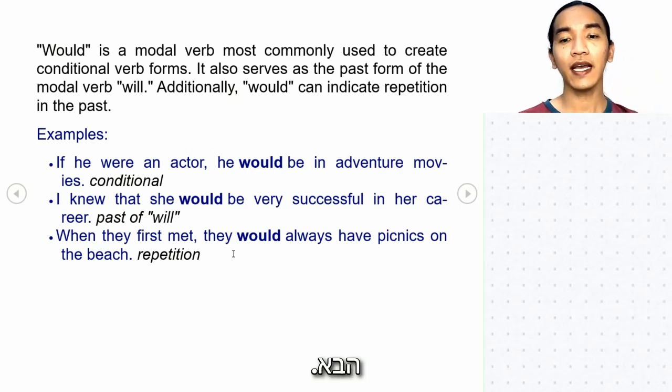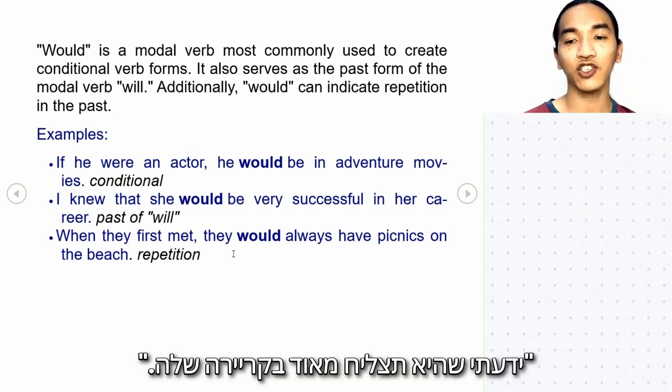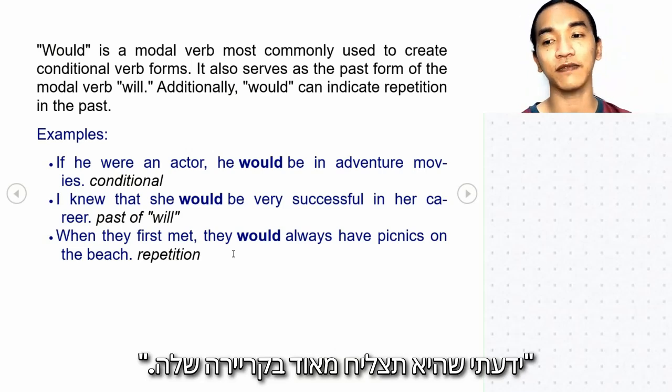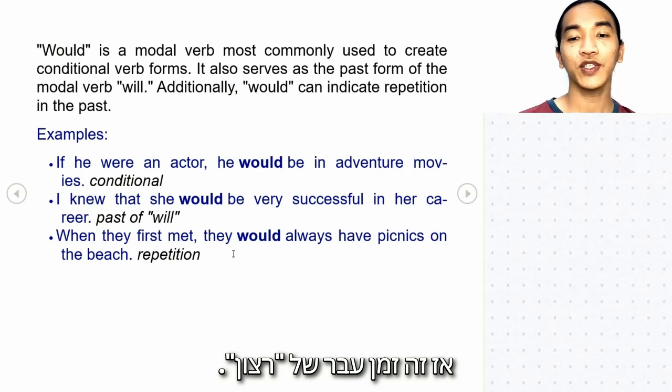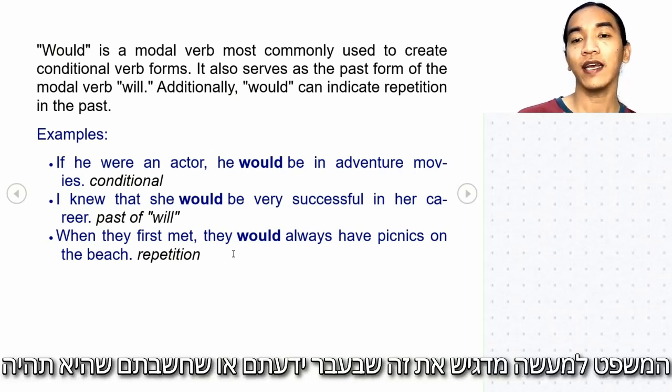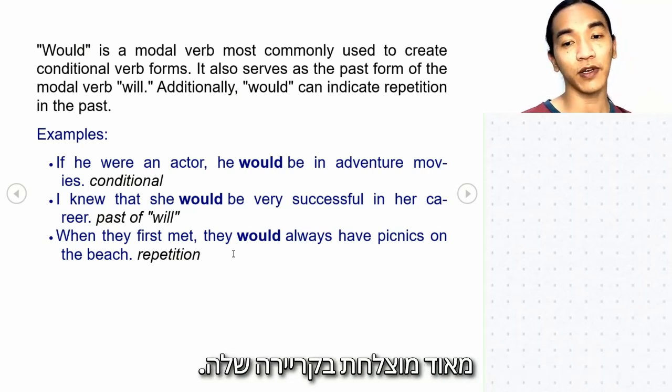Next one, I knew that she would be very successful in her career. So this is the past of will. The sentence actually is emphasizing that in the past you knew or you thought that she would be a very successful person in her career.